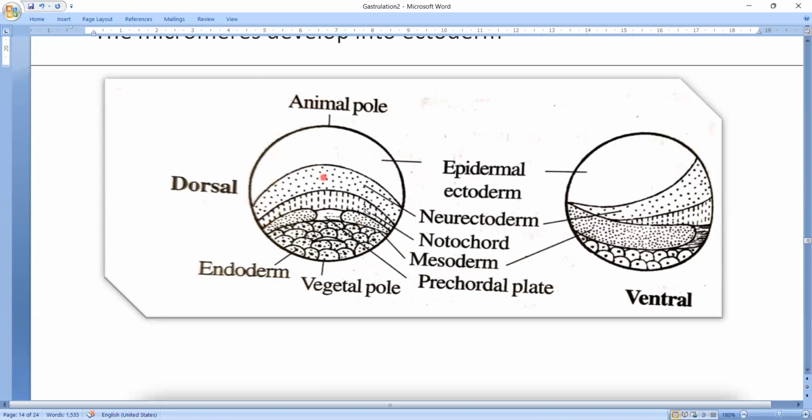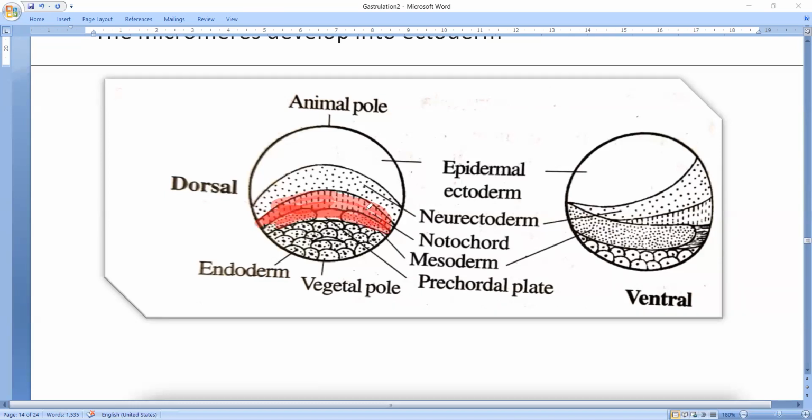You should remember that this part and this notochord part are actually called chorda mesoderm.